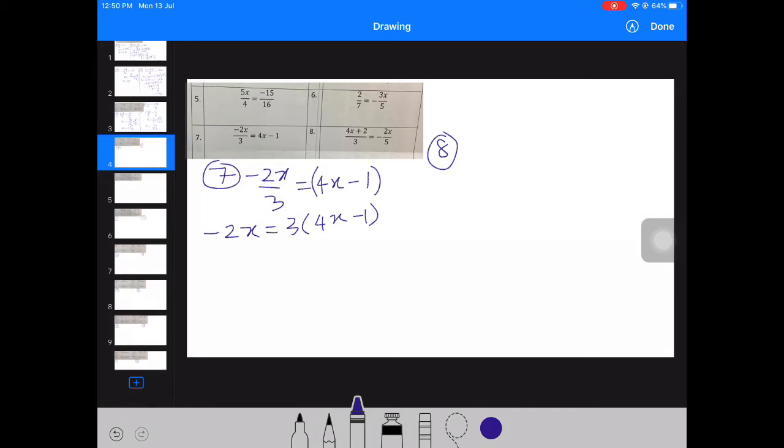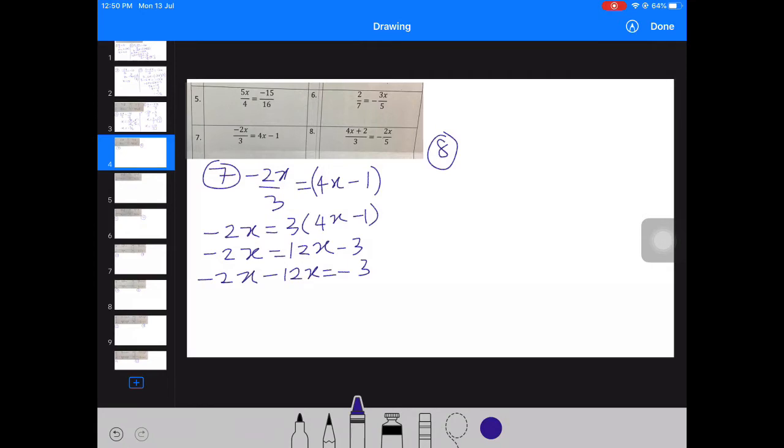And expand the bracket, so you get negative 2x equals 12x minus 3, and then you have x on both sides, left and right. We can group the like terms, so bring all x to the left, so we get negative 2x minus 12x equals negative 3.